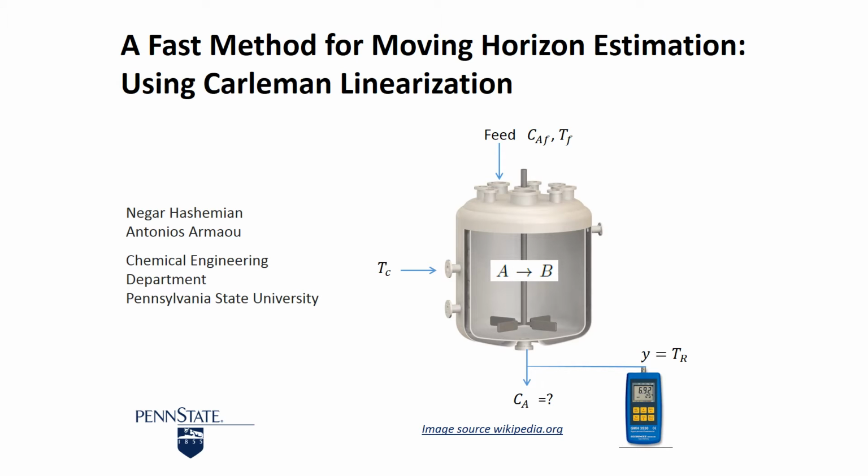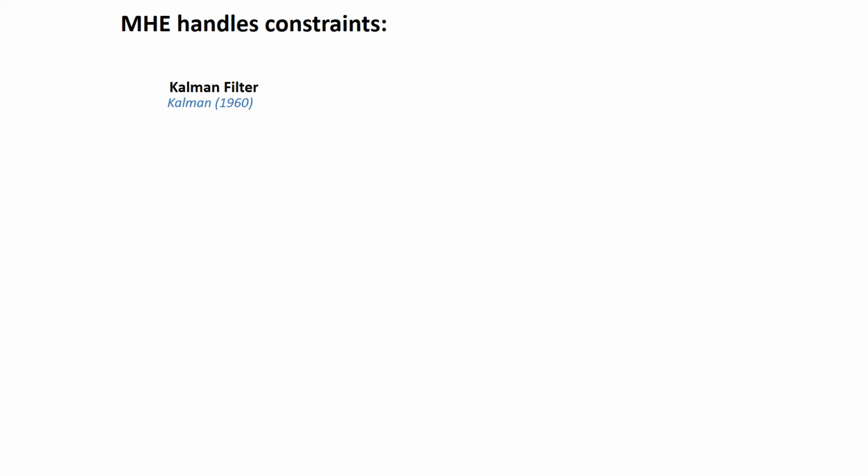Today I am going to talk about moving horizon estimation, which is a computational technique to observe the unmeasurable variables in a dynamic process. Kalman in 1960 presented Kalman filter design to estimate the state of an unconstrained linear system with additive white noise.